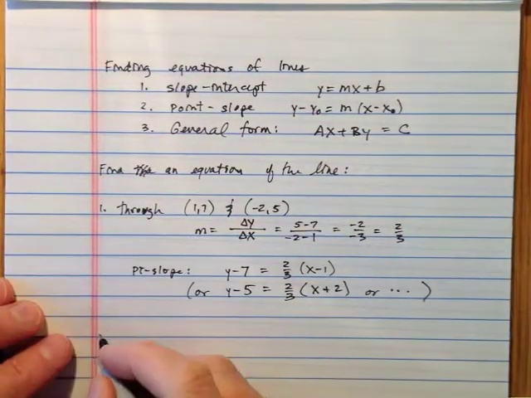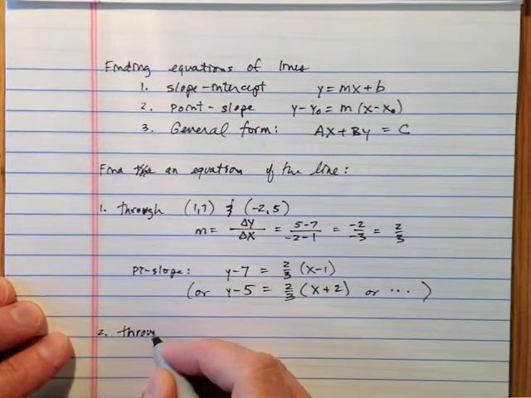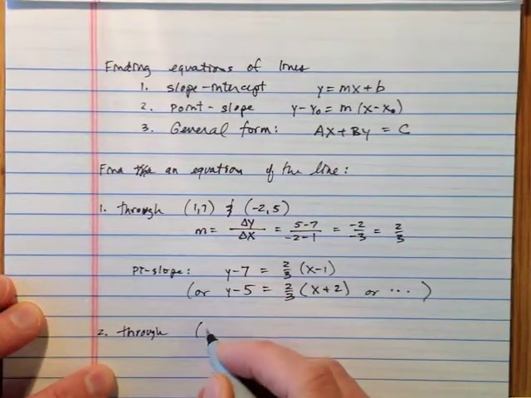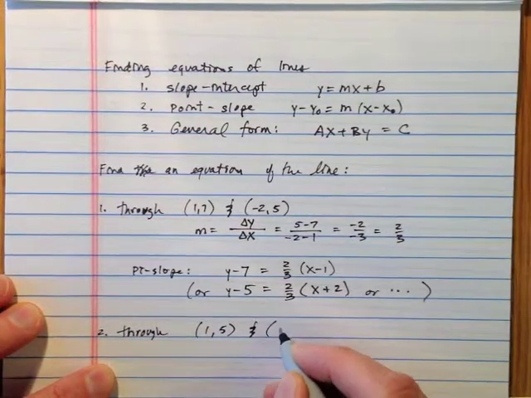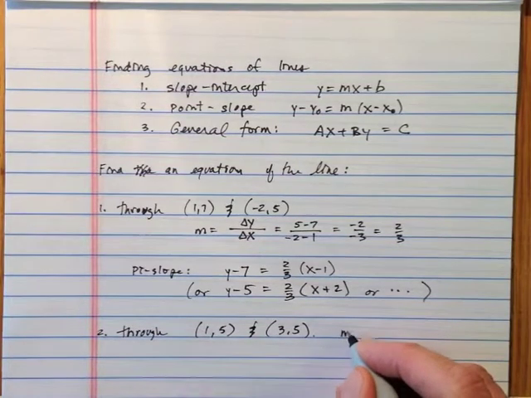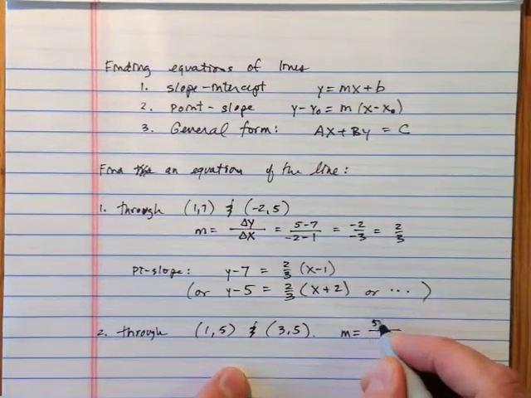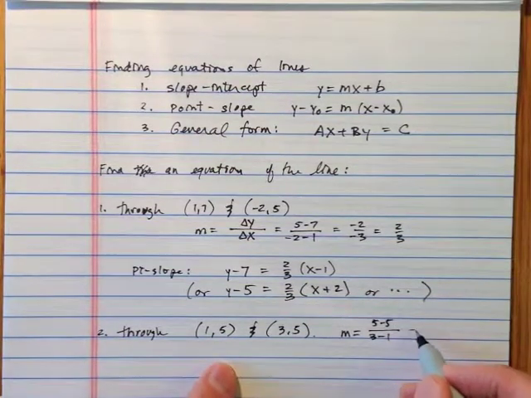Let's try another. How about, let's find an equation of the line that goes through the points 1, 5 and 3, 5. Okay, so I calculate slope. It's going to be 5 minus 5 over 3 minus 1. That's 0 over 2, that's 0.